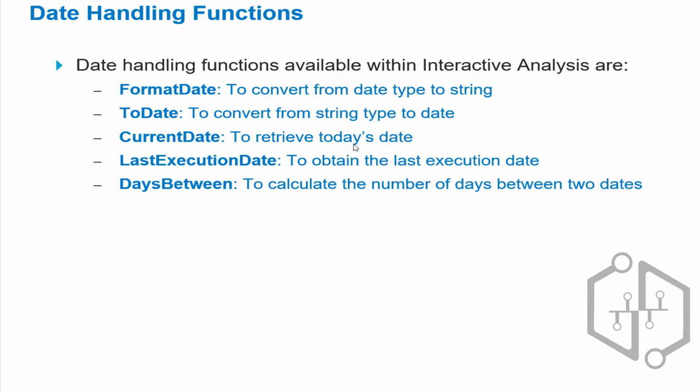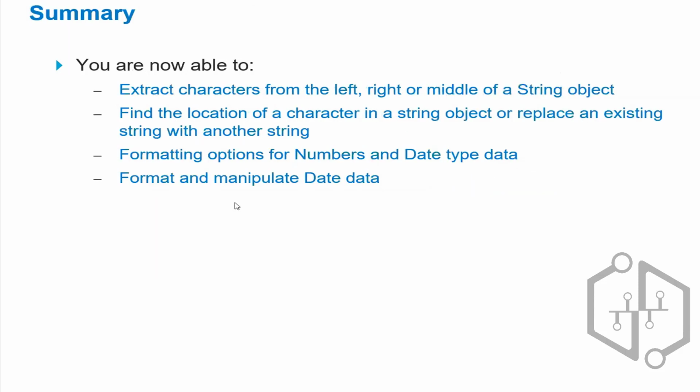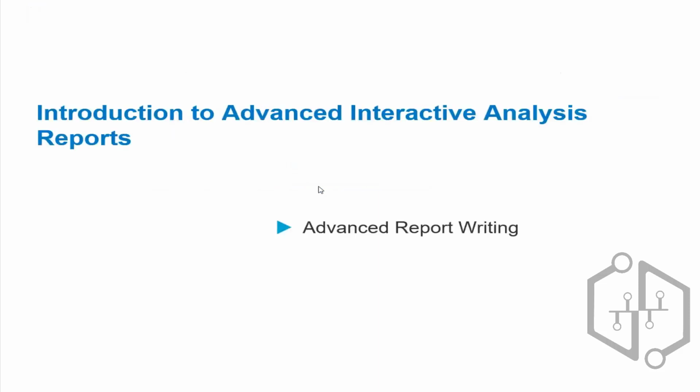Current date will retrieve today's date. Last execution date is to obtain the last execution date. Days between is useful to calculate the number of days between two dates. So days between start date, comma, end date will give how many days are in between those dates. So it is about how we can use the formatting options.